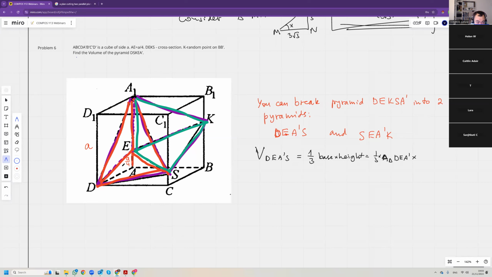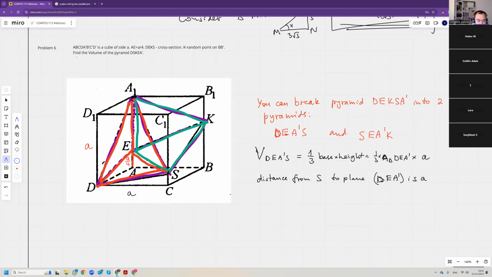The height of that pyramid is A, because the distance from S to the plane DEA' is A. These are two parallel planes, and S is in one of them.